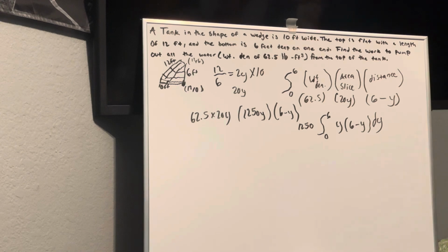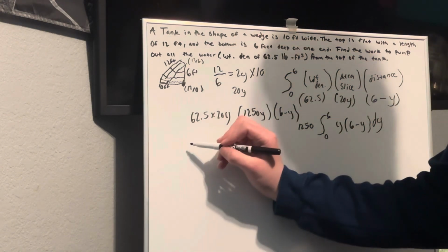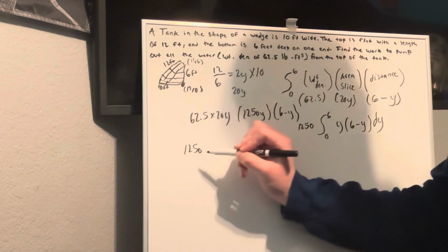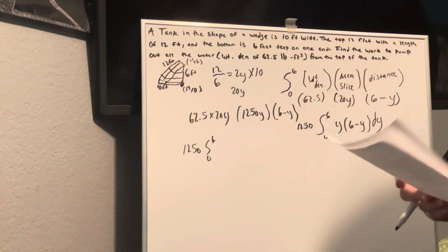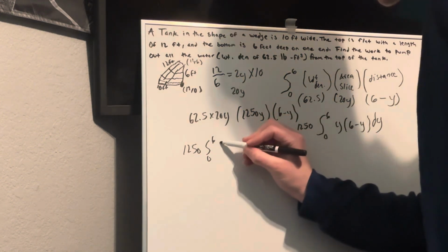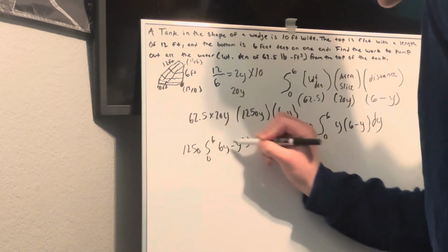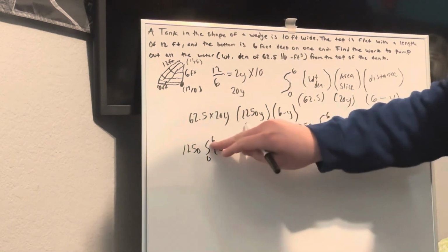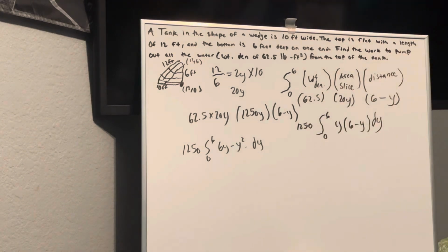Now, to solve for this integral, we have to distribute the y. So, distribute the y. The 1250 is going to stay, 0 to 6. Distribute the y. This is now going to become 6y minus y squared, and we still have dy. All right, we have this now. Now that we have this, what can we do?